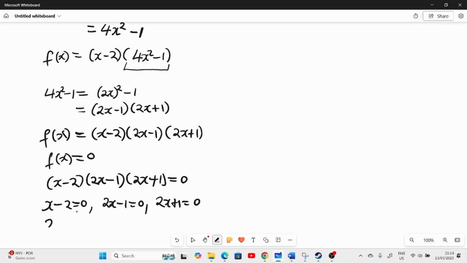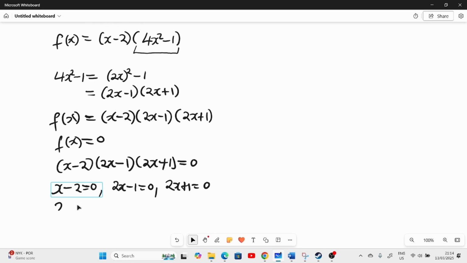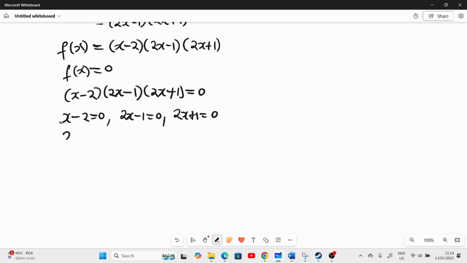So x is going to be equal to 2, then 1 over 2, and the other value of x is minus 1 over 2. So these are the roots of the polynomial.